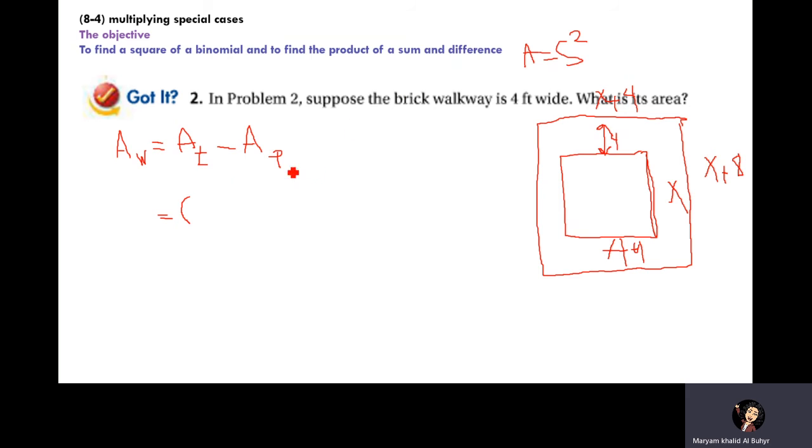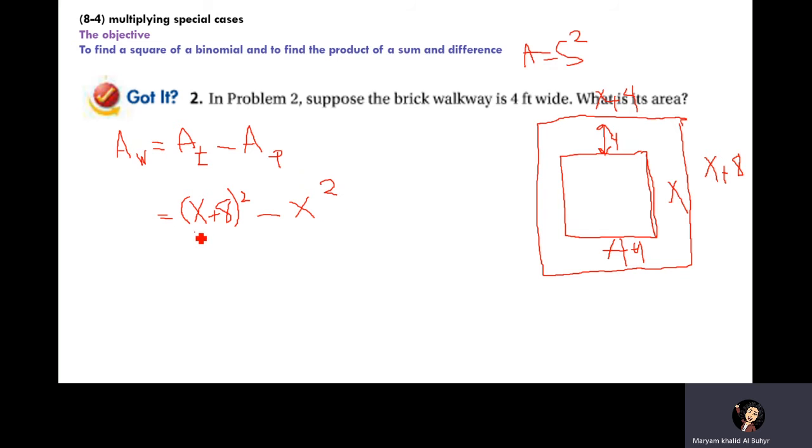This is the formula. I have here x plus 8, all of this to the power 2, minus the area of the patio, which is x to the power 2.